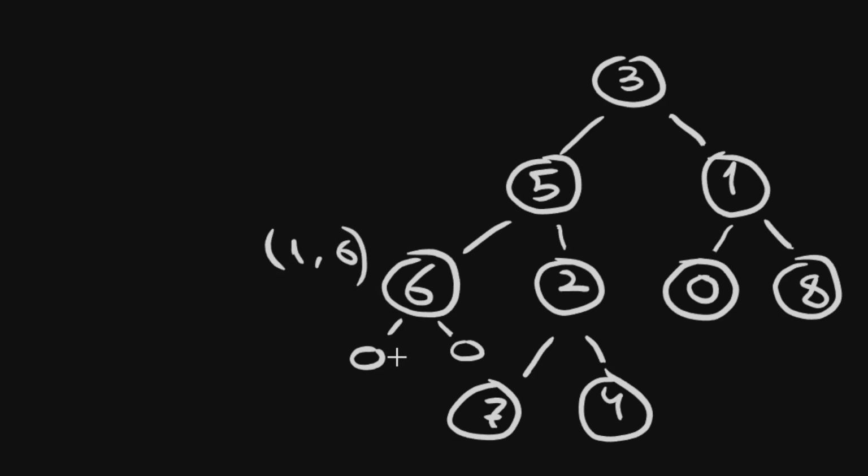Okay, and we will do the same with the next node, which is 7. Here the count will be 1 and the selected node will be 7. Here the count will be 1 also, the selected node is 4. Then we continue, and here we are at 2.